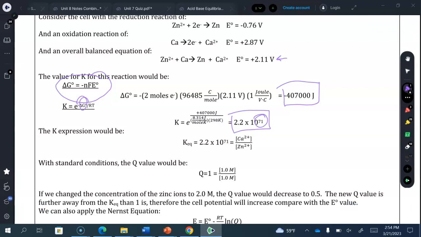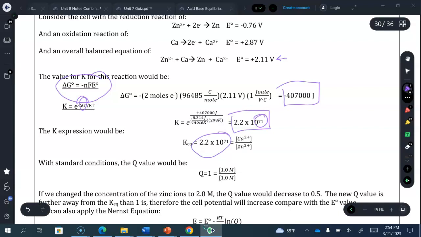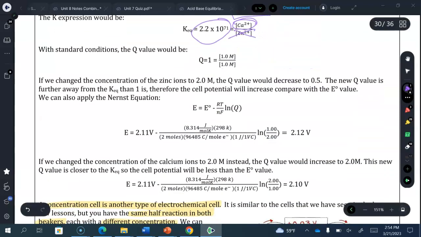So that's very, very product favored, right? The K expression is given for this. So you should see at equilibrium a lot of this and almost none of that. With standard conditions, the Q value should be 1, no matter what they are.